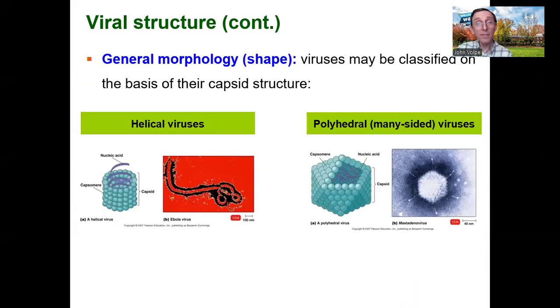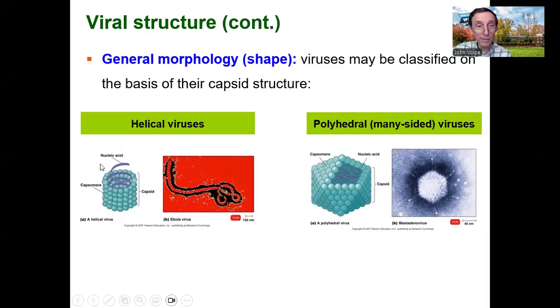When we're talking about viral morphology, that is the general shape of the virus. Viruses are classified on the basis of their capsid structure, and capsids take three general morphologies. There will be a helical virus, shown here on the leftmost right there.